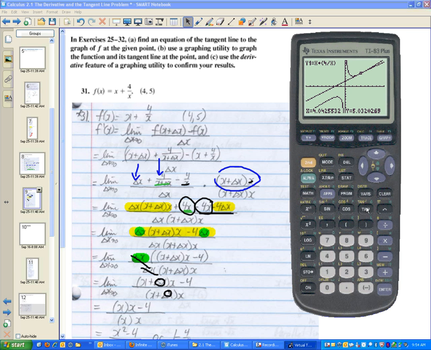All right. Now, I need to make sure I'm taking the derivative of the f of x, not of the line. Okay? So see how y1 is showing up here in the corner? So I'm on y1. Now I want to find the derivative when x equals 4. So I think I can just do 4. Yeah, that does it. So just hit 4, and that changes it to x equals 4.